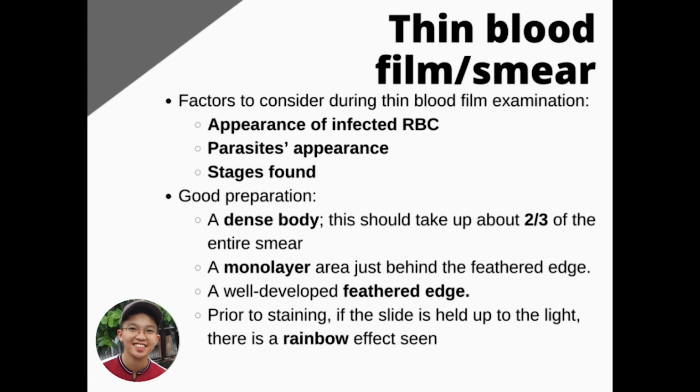The shape of an ideal smear resembles that of a short tongue. It should have margins on both sides. For a thin blood smear, the three layers that must be seen from the thickest layer to the thinnest layer are first the body, which is the thickest, second the monolayer, and third the feathered edge.